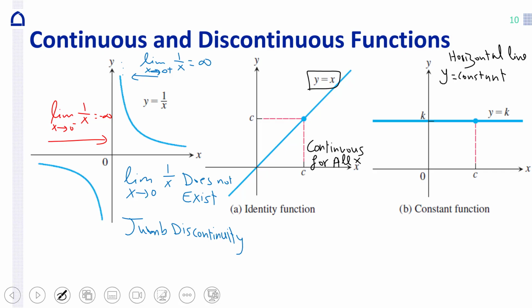It is parallel to x, so the slope is 0. So it's also continuous for all x, any real value.